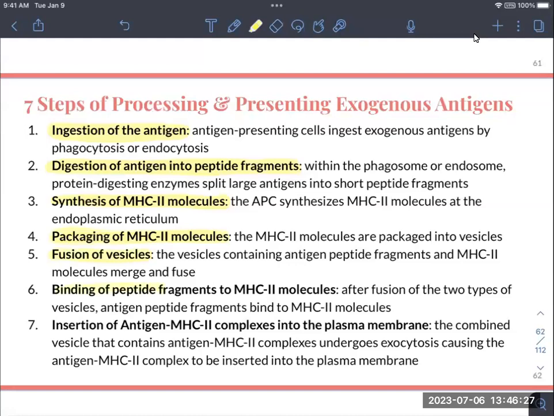There's going to be a peptide fragment that's going to bind to those fragments of that MHC2. And then that MHC2 complex is going to be inserted into that plasma membrane. So that vesicle now has that MHC2 complex. It's going to go through exocytosis, and it's going to get completely inserted into that plasma membrane.